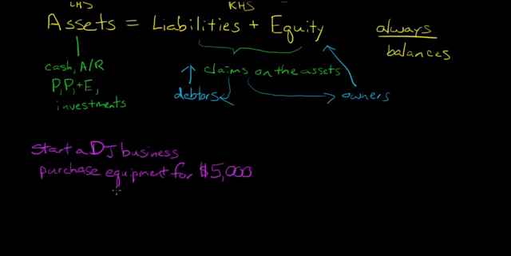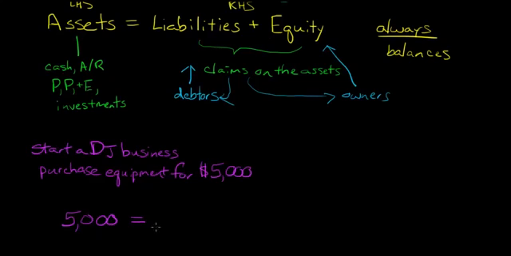So that equipment is an asset. If we were to look at your balance sheet or to do this accounting equation for your company, we're going to have $5,000 on the left-hand side. And then that $5,000 in assets is going to be equal to liabilities plus equity. So how do we figure that out?